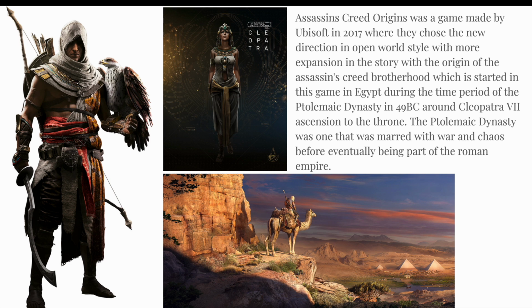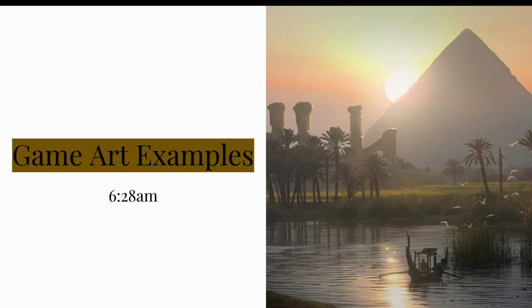This also showcases the dynasty, which was marred with lots of wars and chaos as they were constantly in battle with Rome, until towards the end the dynasty eventually falls and becomes part of the Roman Empire itself. Some of the art examples the game showcases for this time period go into the clothing and the scene work of the places.